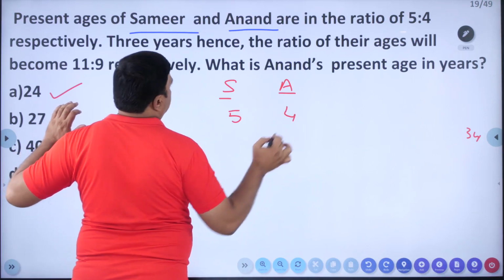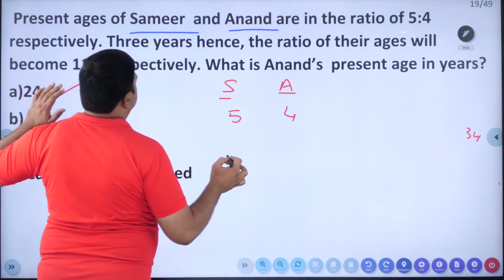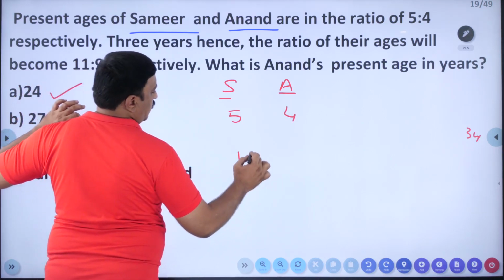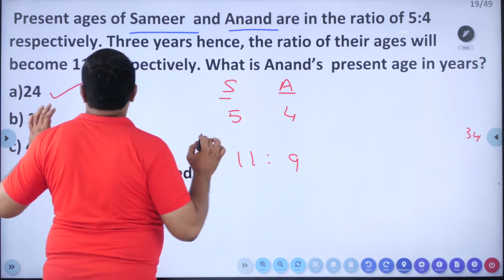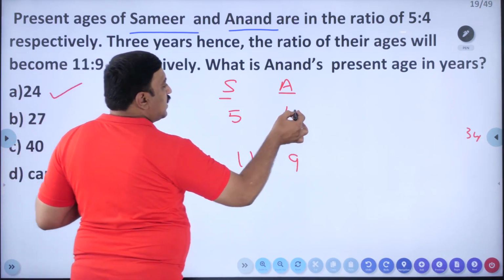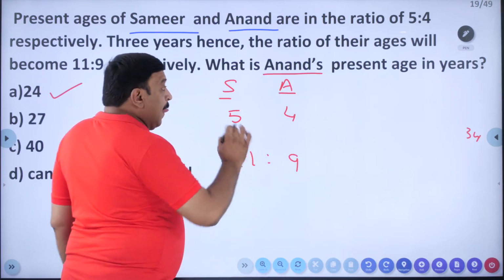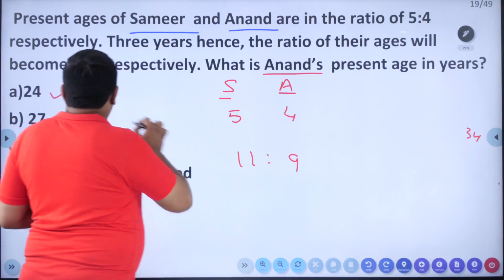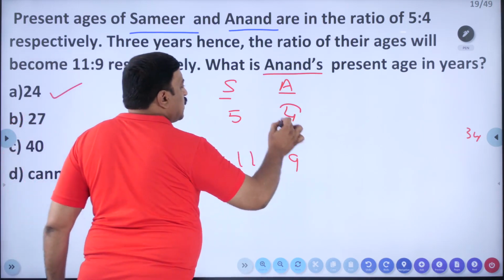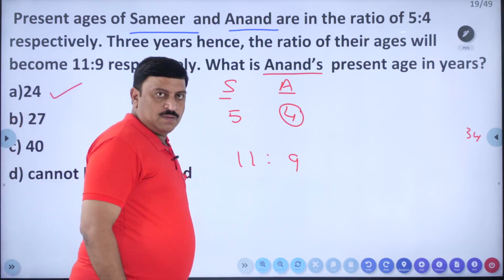This is called option based, and after 3 years it is 11:9. We got the answer as 24. That means Anand's present age is 24.